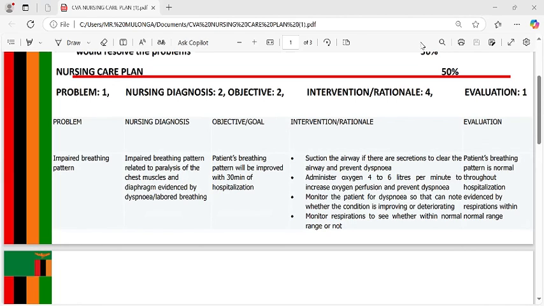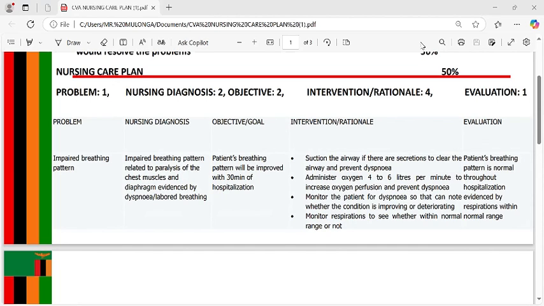So we first start with problem identification for the first problem. As we know, CVA affects the respiratory system, meaning this particular person will be having difficulties to breathe.